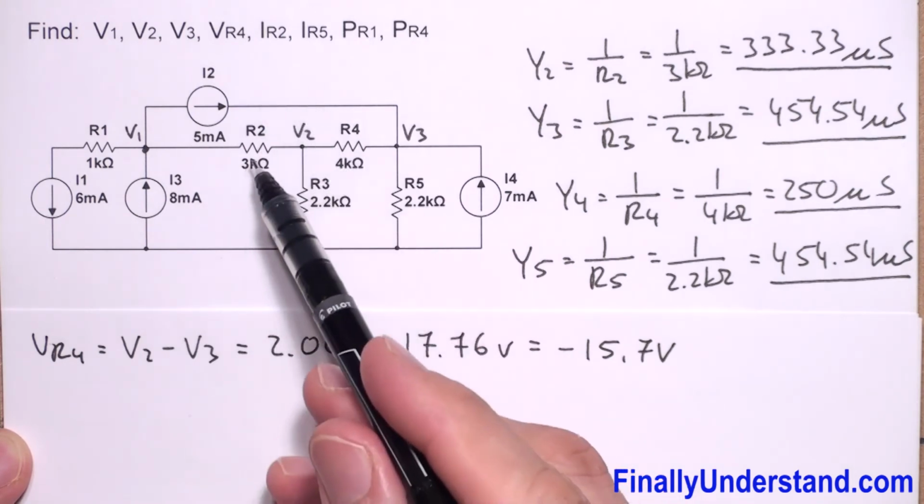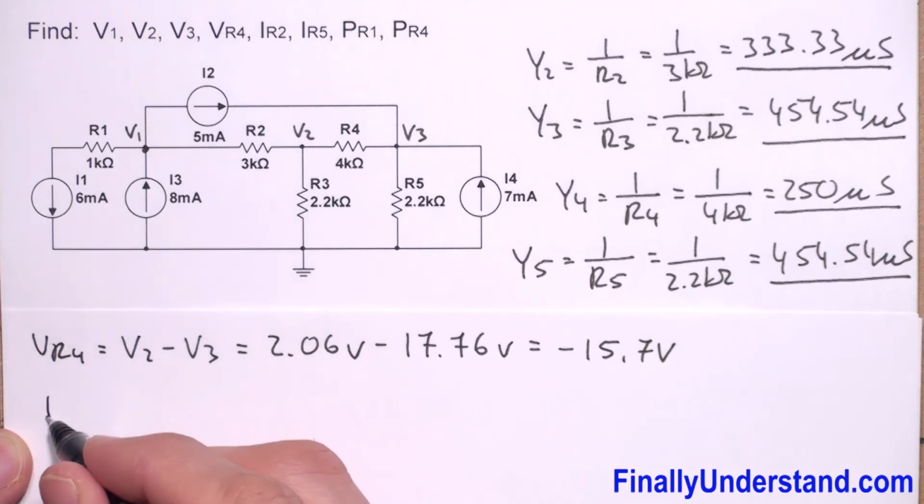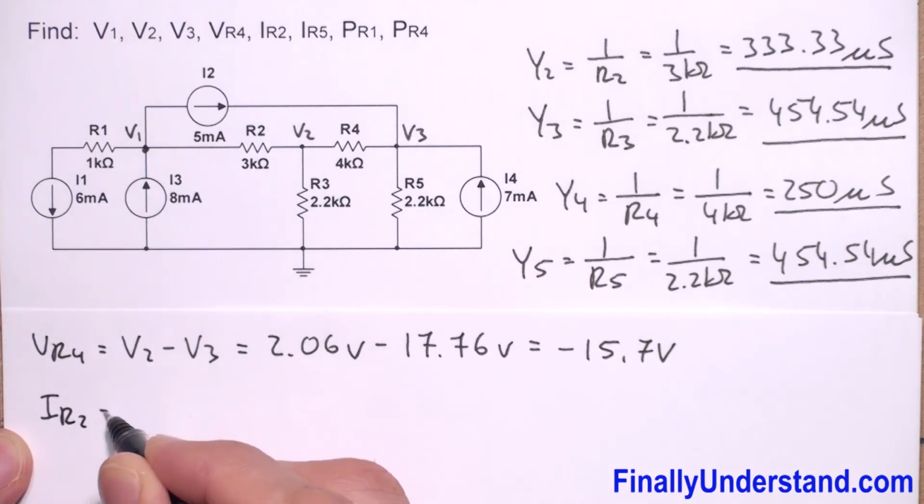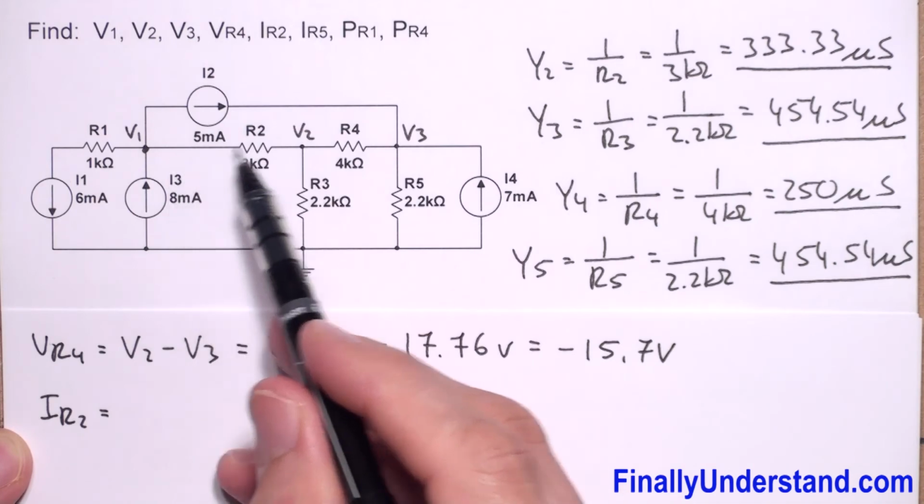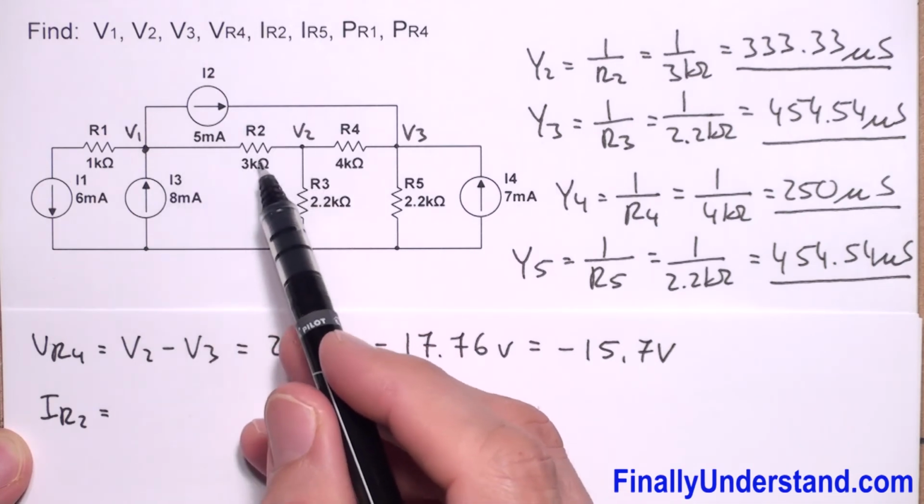Next, we're supposed to find the current which goes through resistor R2. If you want to find the current, you're supposed to write the formula. IR2 is the voltage across this resistor divided by the resistance.